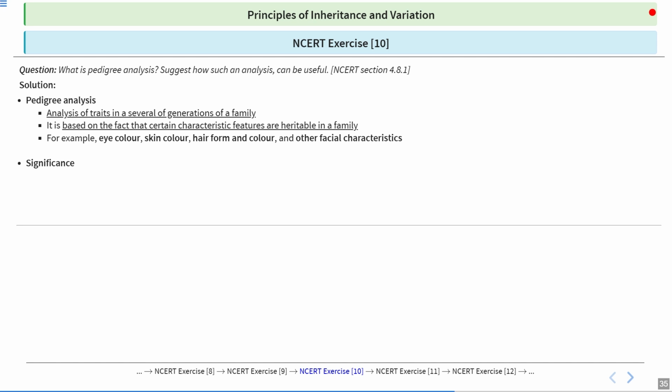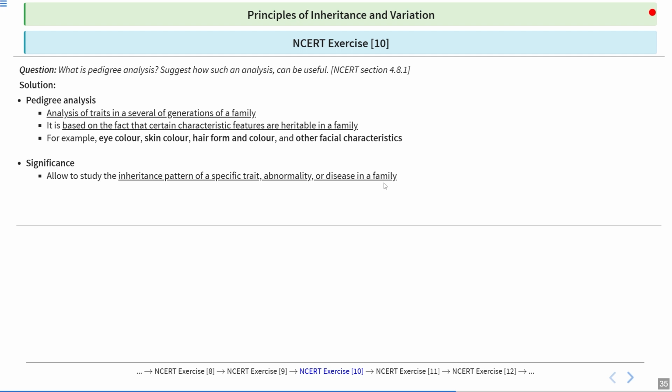What is the significance of pedigree analysis? What is the importance of pedigree analysis? It allows us to study the inheritance pattern of specific traits, abnormality, or the disease in a family. What do you mean by inheritance pattern of a specific trait or abnormality or disease in a family?